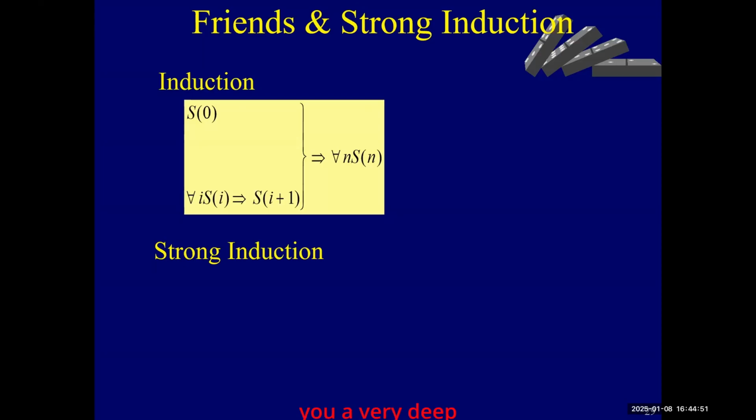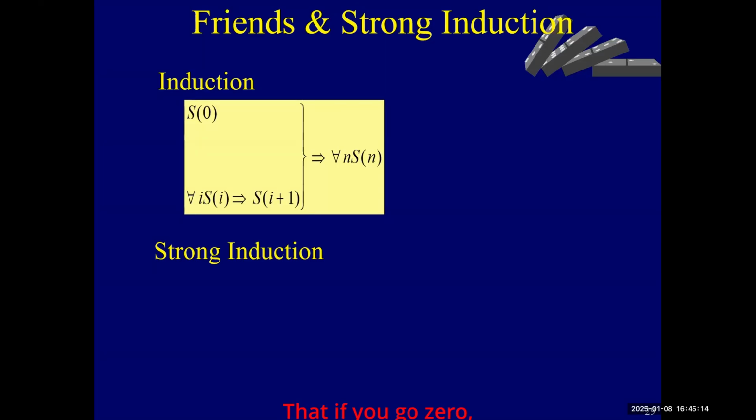Now I'm going to ask you a very deep philosophical question. Is induction true? Does it follow? Well, our belief about the integers is that it's true, right? What do we believe about the integers?